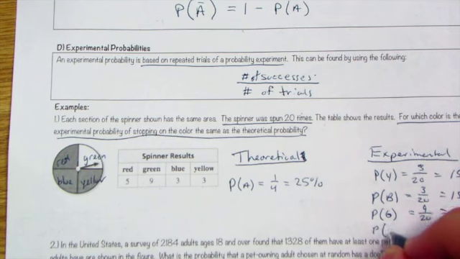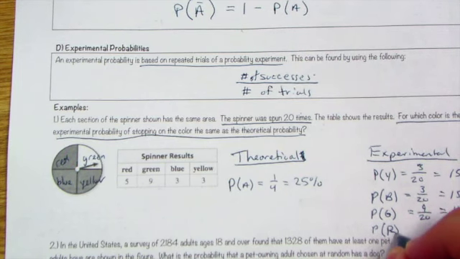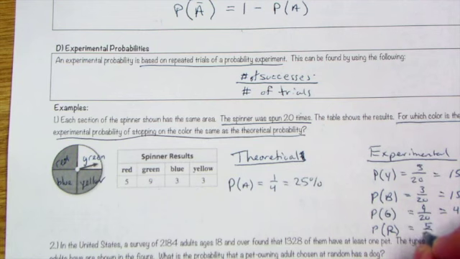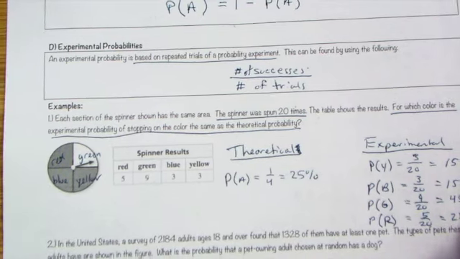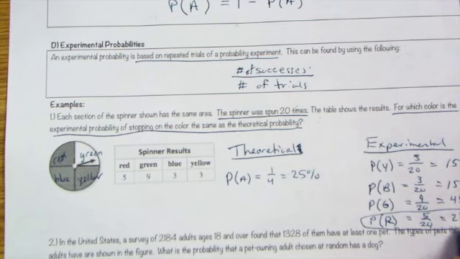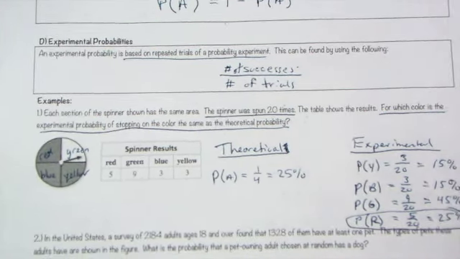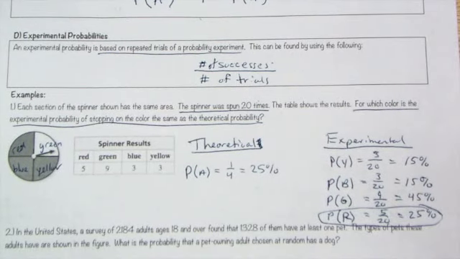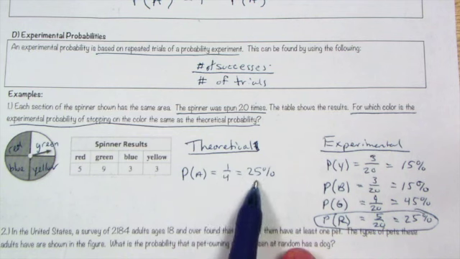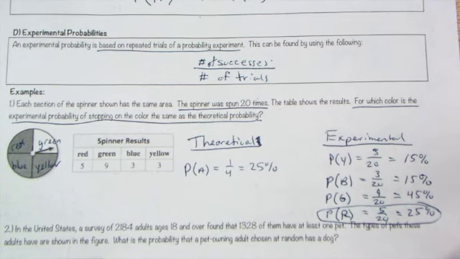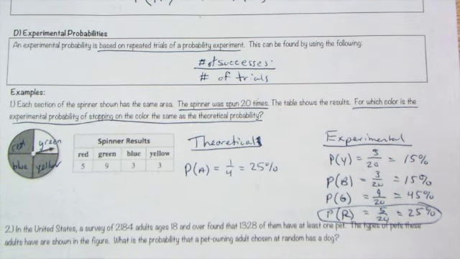And then the probability of getting red was 5 out of 20, or 25%. So it looks like red is the color that actually got the same as the theoretical probability. Since our theoretical is 25%, red looks like the only one that sort of followed that. The other ones were a little bit more or a little bit less than theoretical.